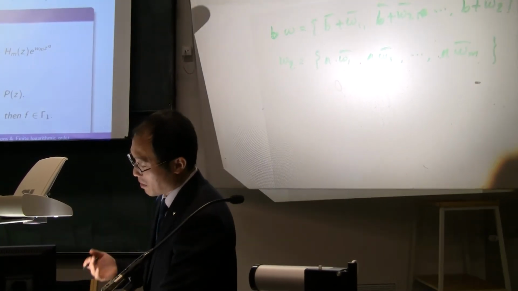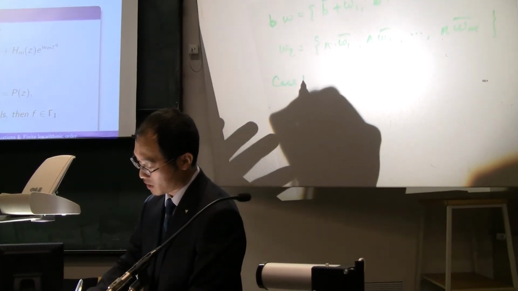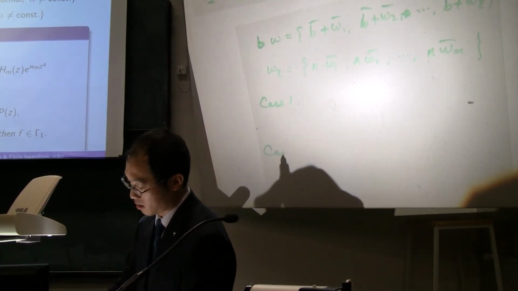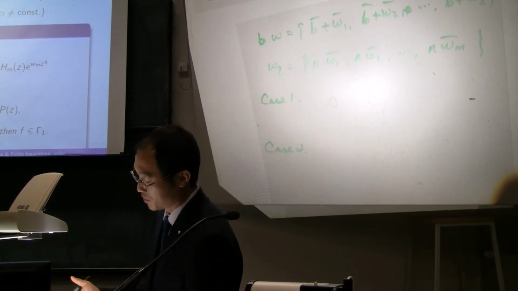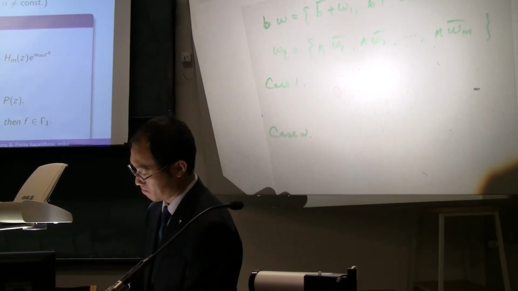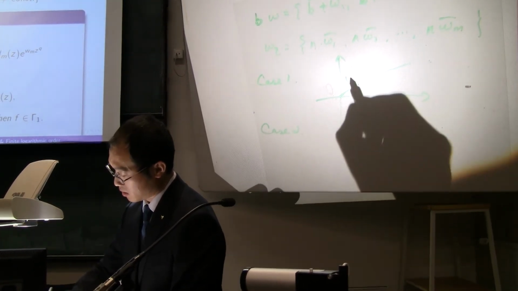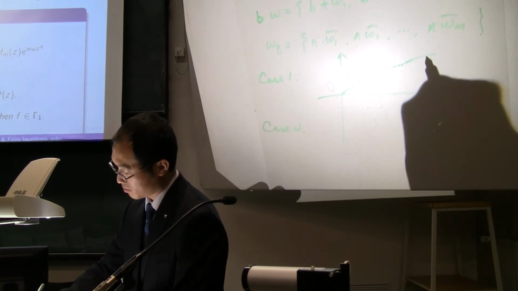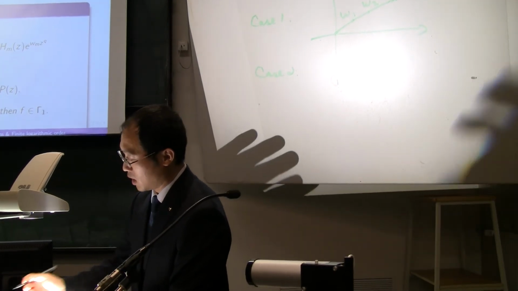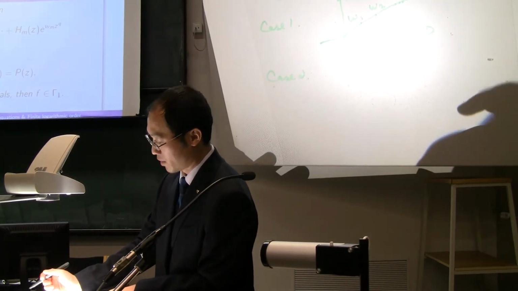So my feeling is I should prove this in two cases. The first one is where all the leading coefficients are on one line. The second case is where not all the leading coefficients are on one line. For the one line case, we denote the maximum modulus of the coefficients as wm.